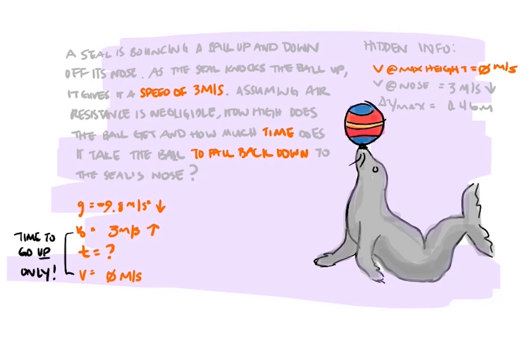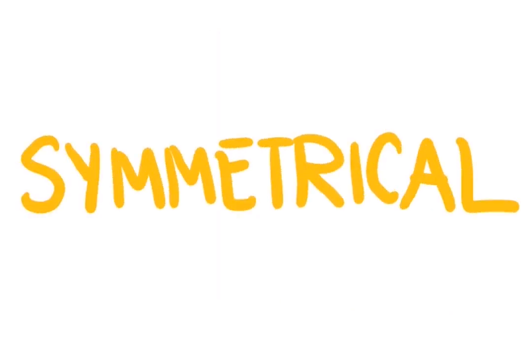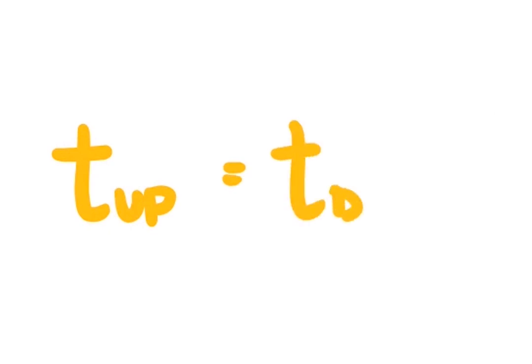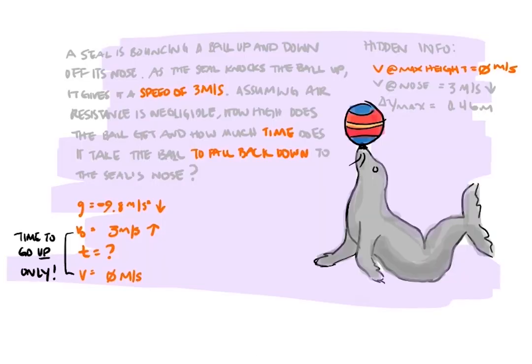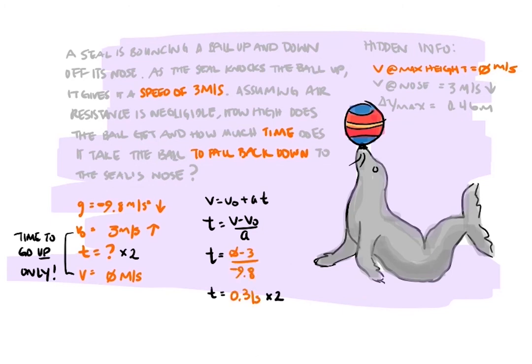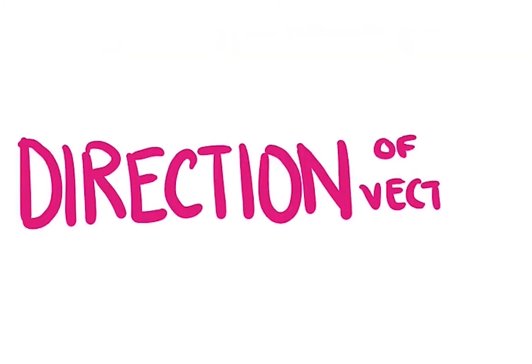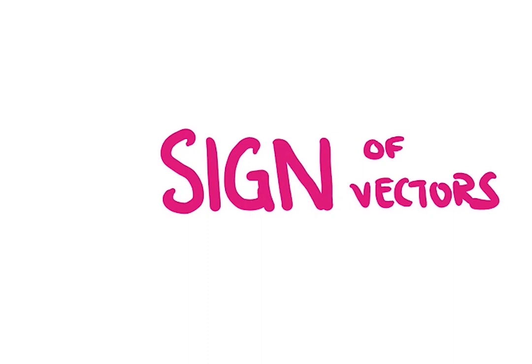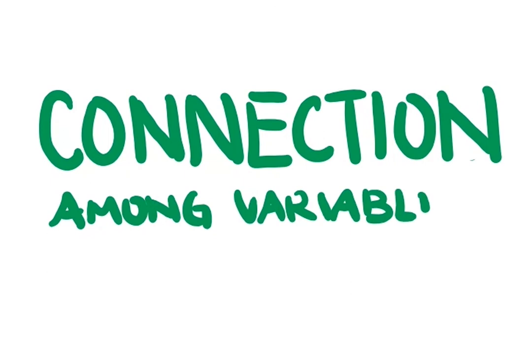That's not a problem though, because thankfully this kind of free fall motion is symmetrical. So the time up would equal the time down. We would just need to double the value for time. No matter your method, you just need to be cautious about the direction of your vectors and therefore the sign of your vector numbers. And be cautious about the connection between the variables.